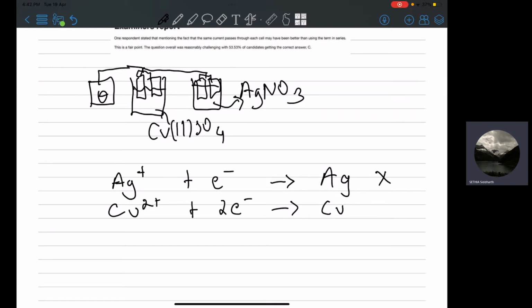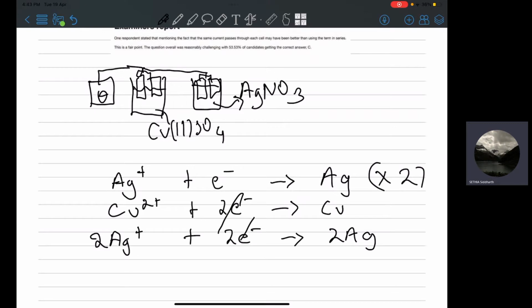So we multiply the silver equation by 2 to make sure the electrons are the same in both equations. So it becomes 2Ag+ + 2e- gives us 2Ag. And now our final equation will be Cu2+ + 2Ag+ gives us Cu + 2Ag.